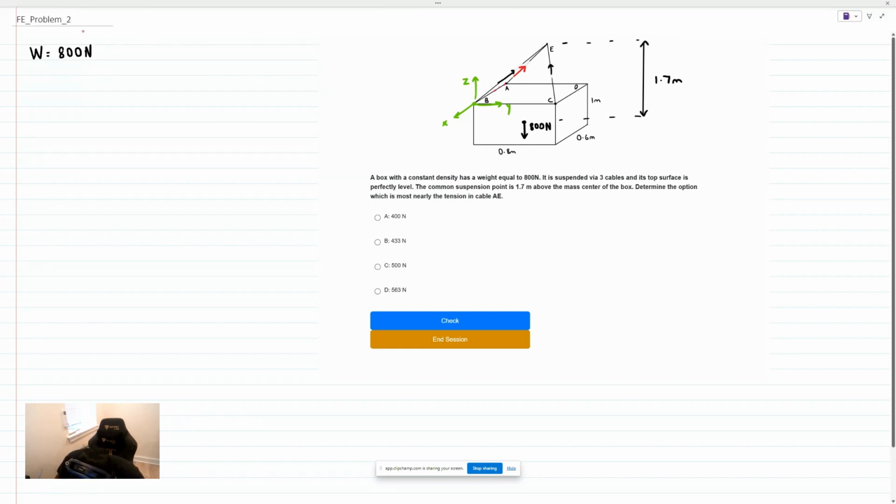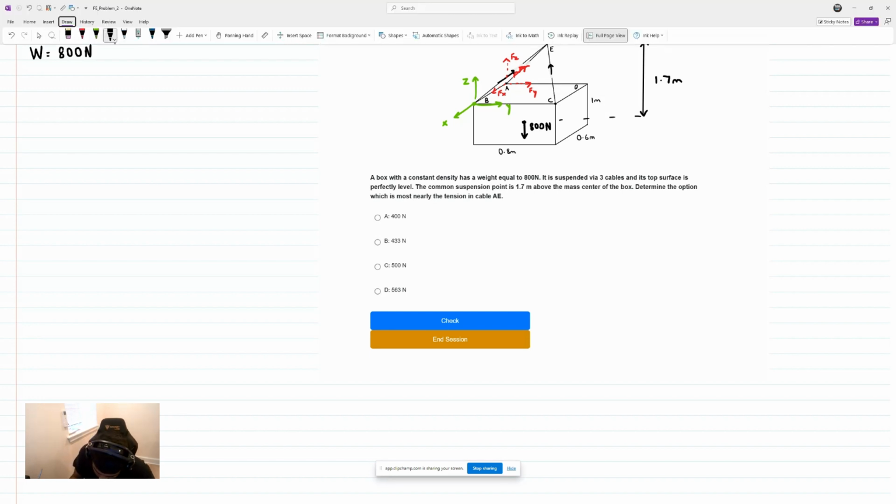We have at A an X component, a Y component, and also a Z component. The X component of the force is intersecting the Y-axis. It's not going to produce any moment. The Y component is not going to produce any moment because it's parallel to the Y-axis. Only that Z component will be able to produce a moment.